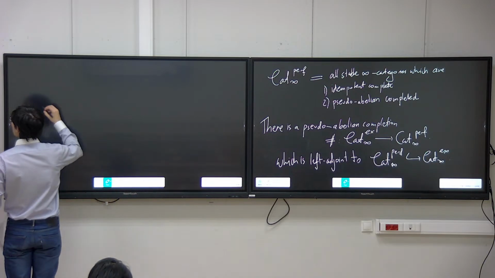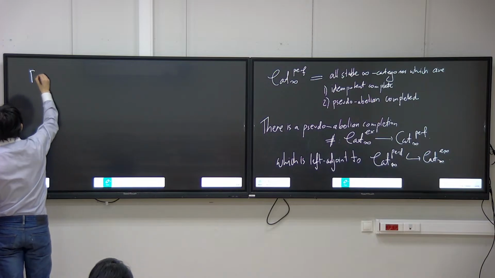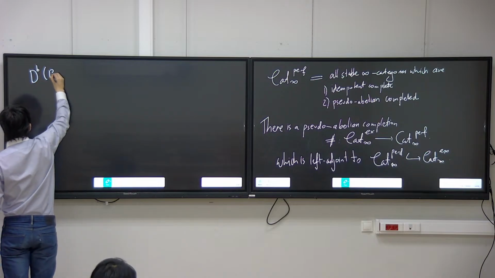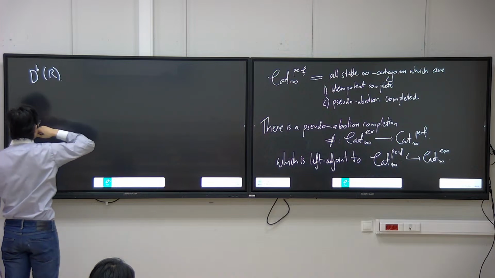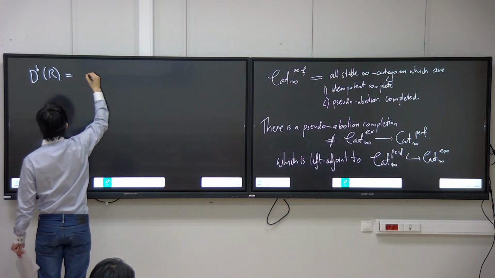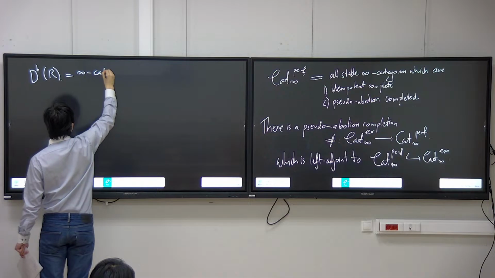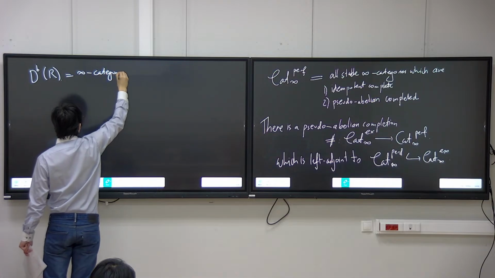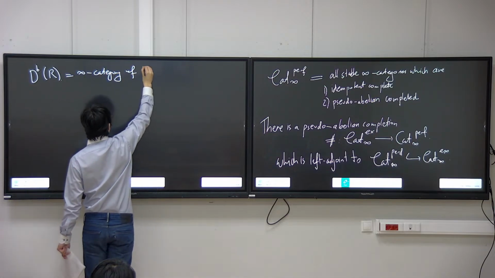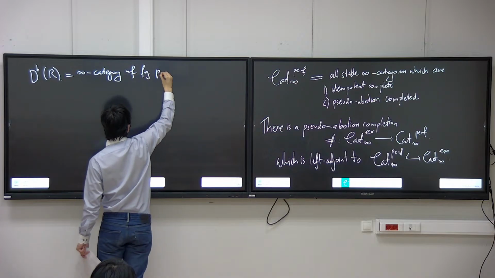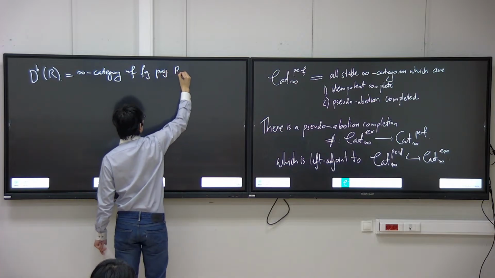Okay, so we've defined D^b(R), well, not defined, but it's some infinity category of finitely generated projective R-modules.